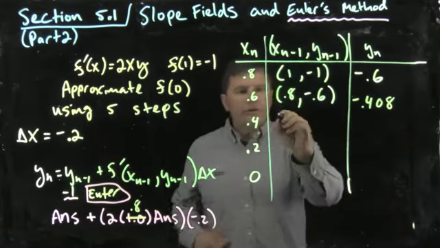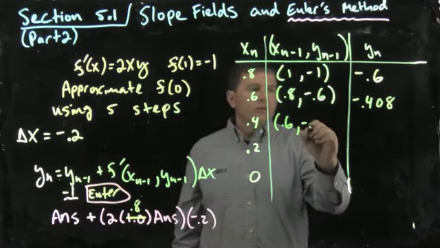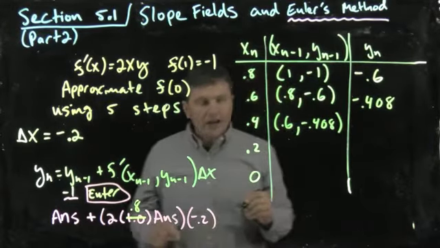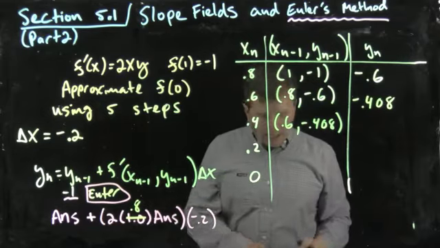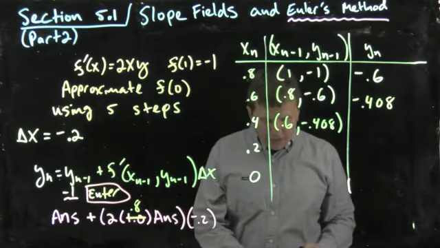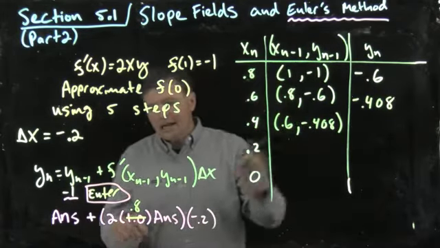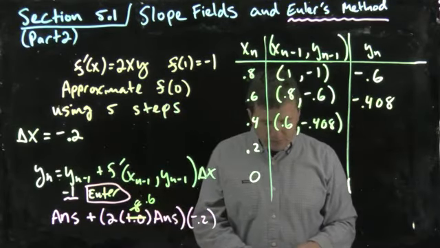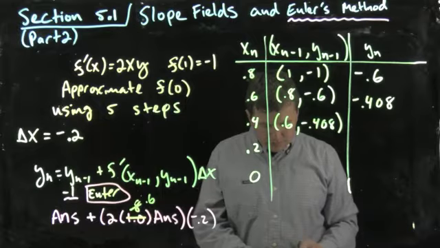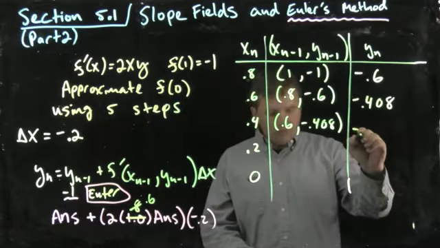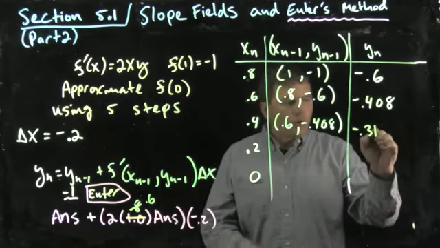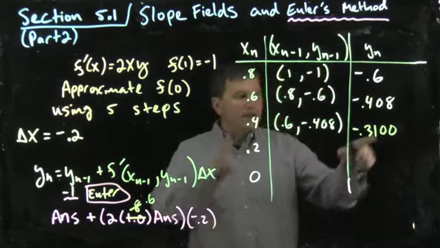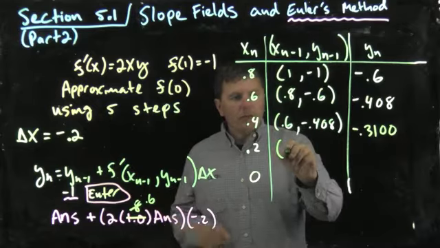Now this is my new point. Euler's method is pretty easy once you get it down. It's about understanding what's happening here. Then once again, second enter, bring that back up, and we change that x to 0.6. We get negative 0.3100, but there is an 8 at the end of that, which we have in our calculator, so no problem.